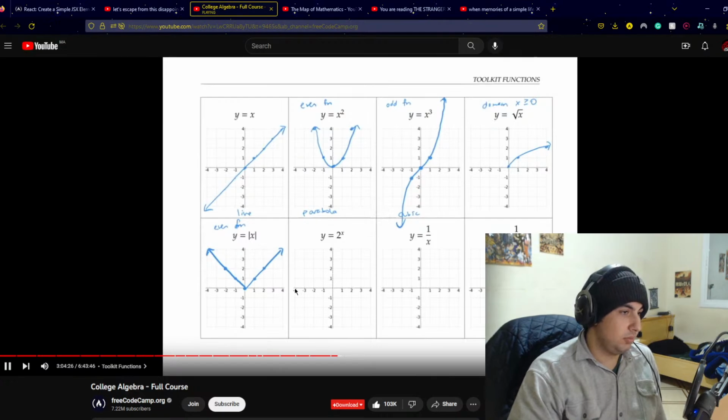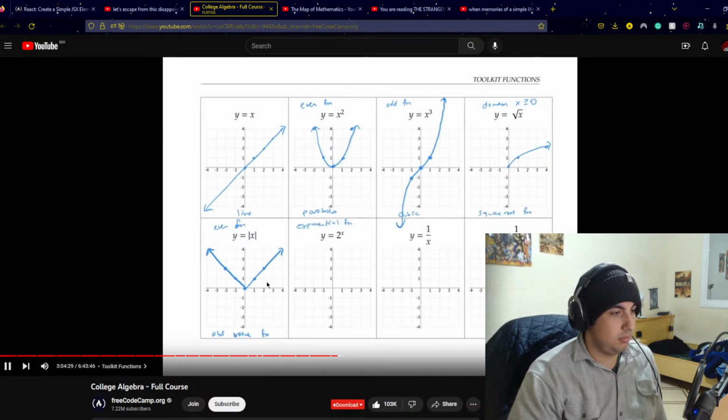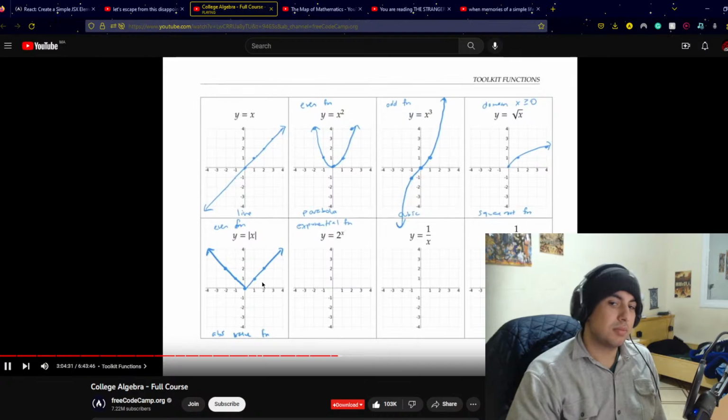This is what's known as an exponential function. That's because the variable x is in the exponent.